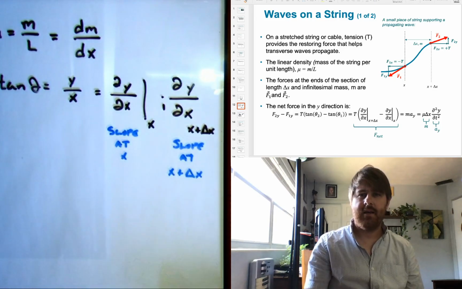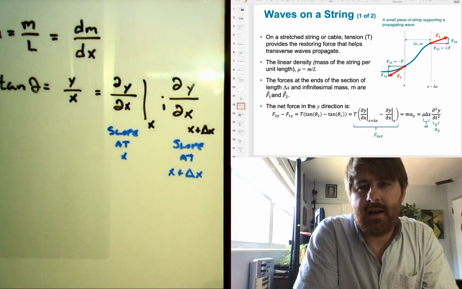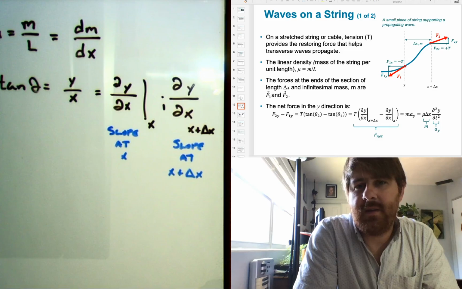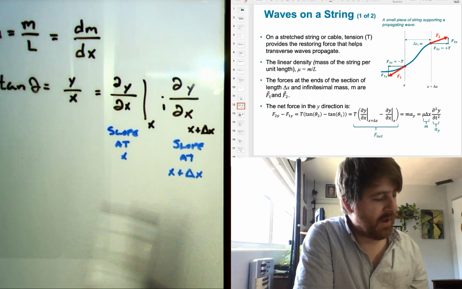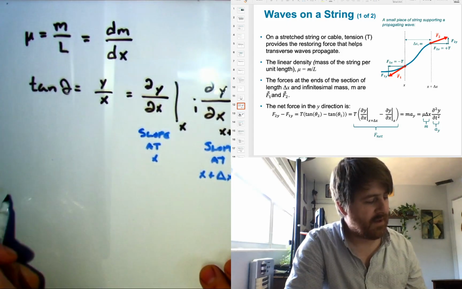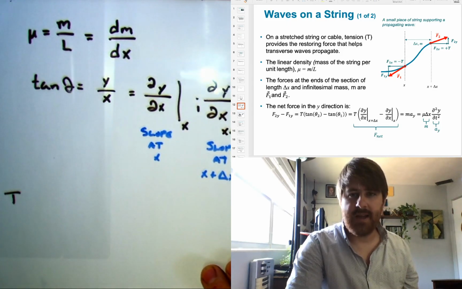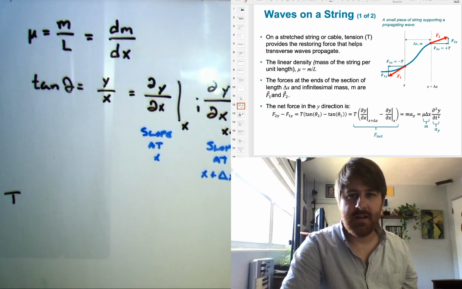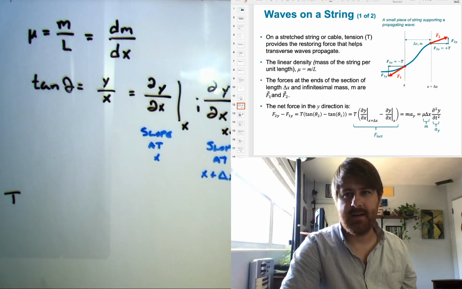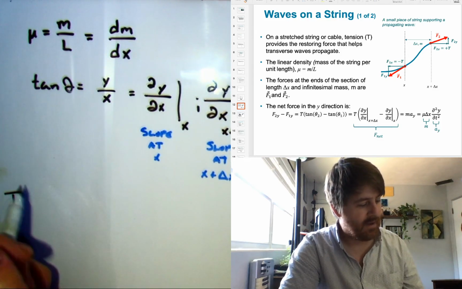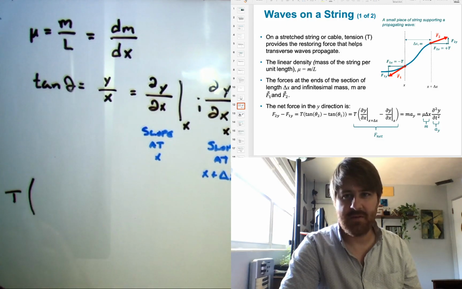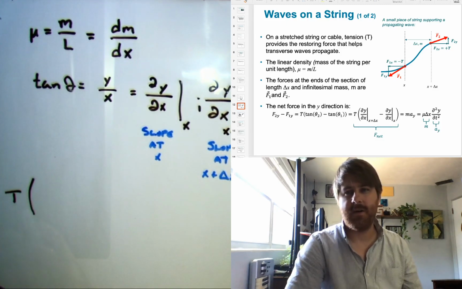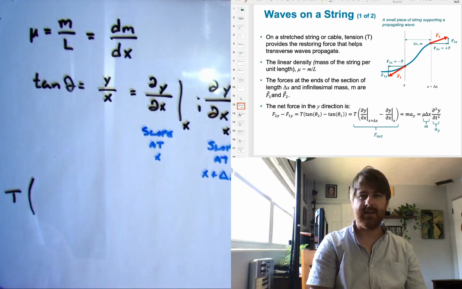Okay, so now we can look at the difference in the y components of the forces. That will be the x component of the force, T, times, now I need tangent of theta 2, that is on the F2 side. That turns out to be the slope of the string. The net force is tangent to the string itself.